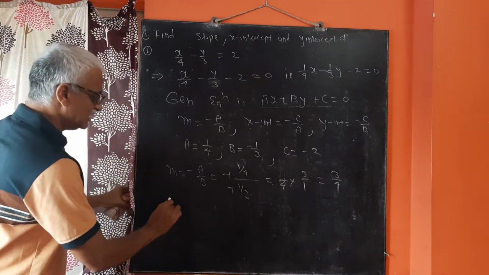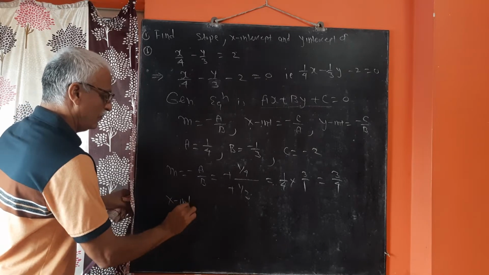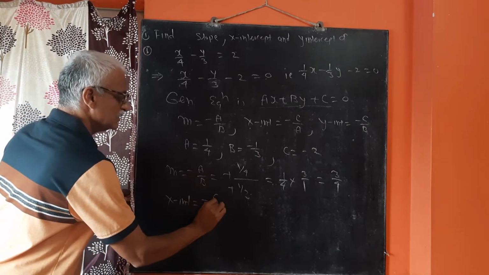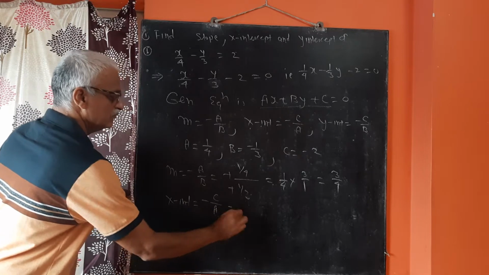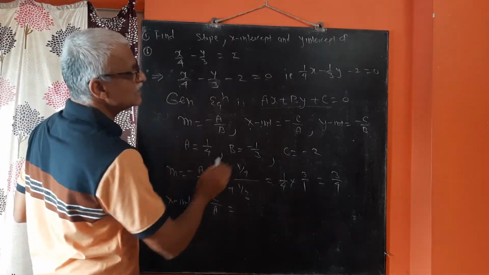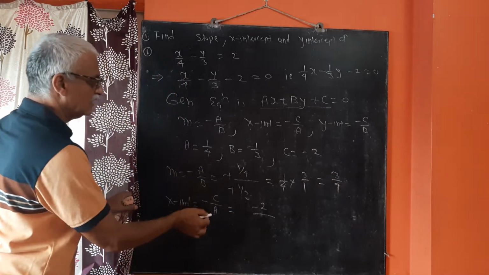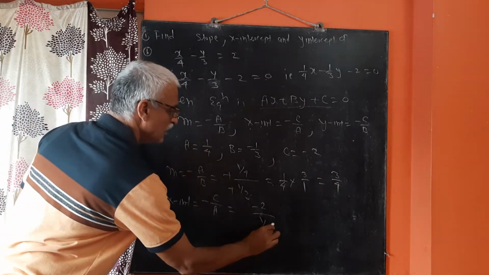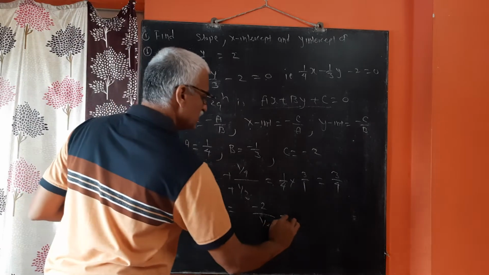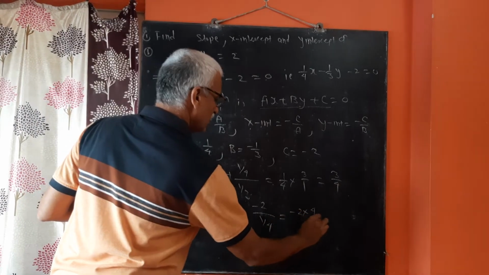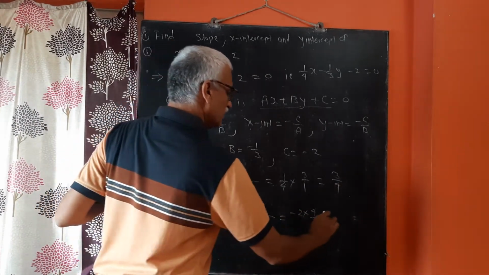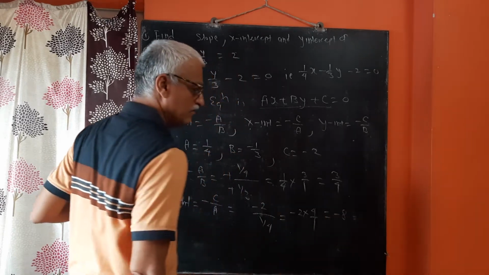Then x intercept is equals to minus c upon a, which is equals to, the value of c is minus 2. Minus 2 upon a is 1 by 4. That can be written as minus 2 into 4 by 1. So it will become minus 8.